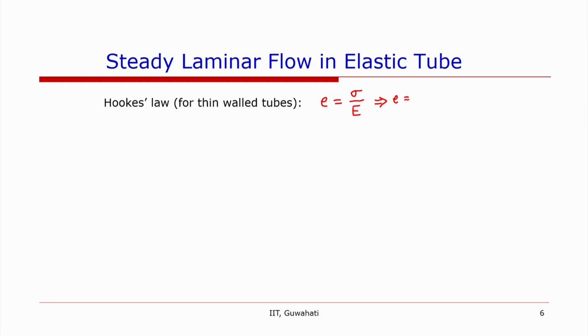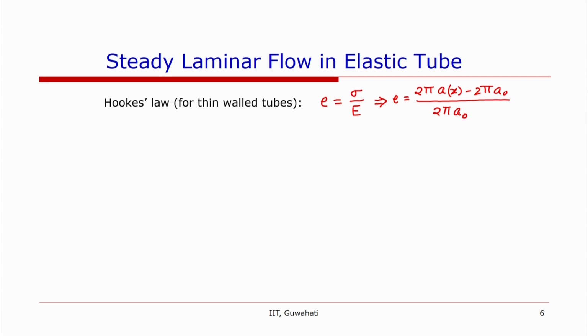It is the change in the circumference of the thin tube, so that will be 2 pi Ax minus 2 pi A naught, divided by 2 pi A naught.